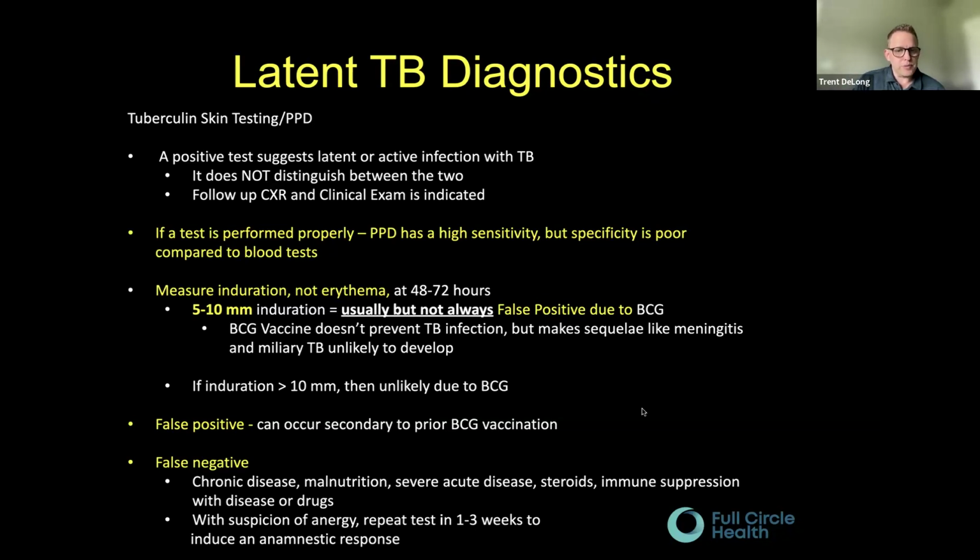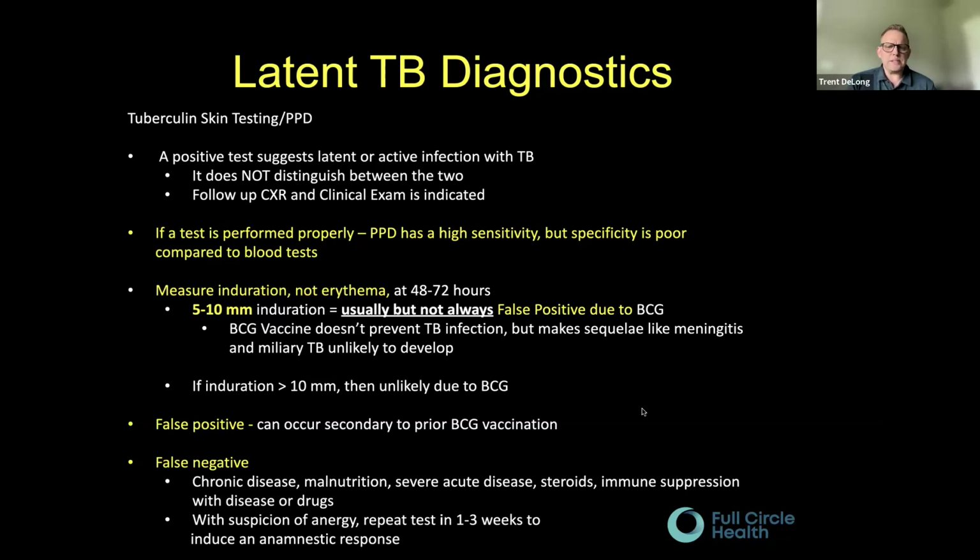If the test is performed properly, the PPD has high sensitivity, but specificity is poor compared to blood tests. You measure the induration, not the erythema, and that is done at 48 to 72 hours. It should be noted that a 5 to 10 millimeter induration is usually, but not always, a false positive due to BCG vaccination.